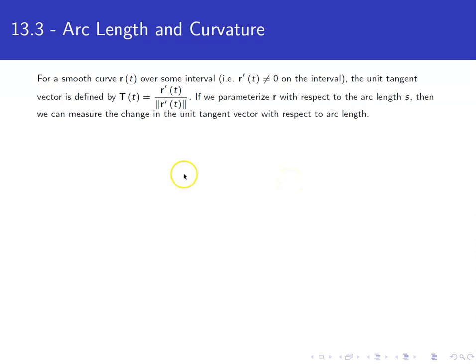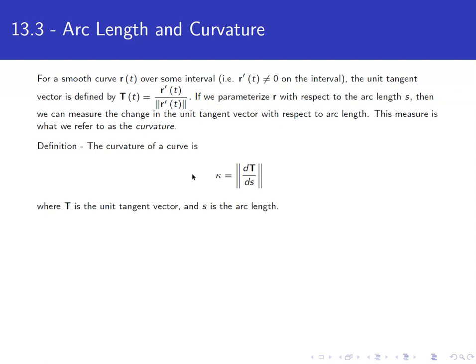So we can measure how much this unit vector changes with respect to arc length if we change the parameter over to arc length rather than just whatever t we're given. So this is the measure that we're going to refer to as curvature. So to find the curvature, there's a messy way that we won't actually use to find the curvature generally speaking, but the definition is we want the rate of change of the unit tangent vector.